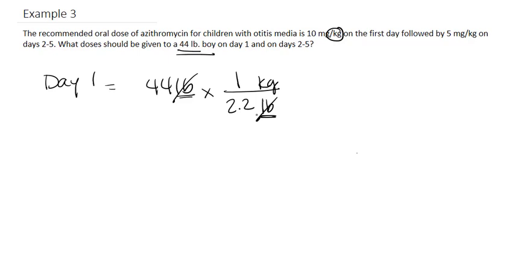Now we need to know how much drug needs to be administered to the child. We know that it's 10 milligrams per 1 kilogram. So this is perfect because the kilograms cross out here and here. So now we have our day 1 unit conversion.